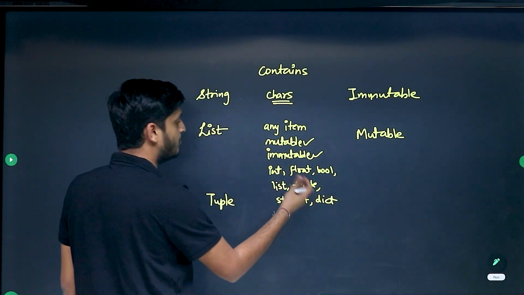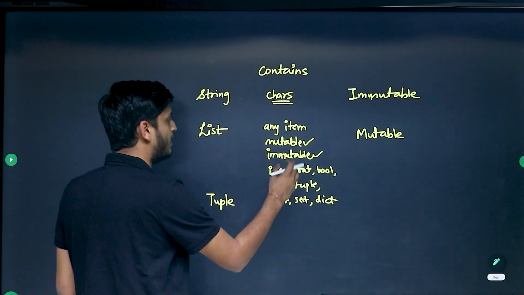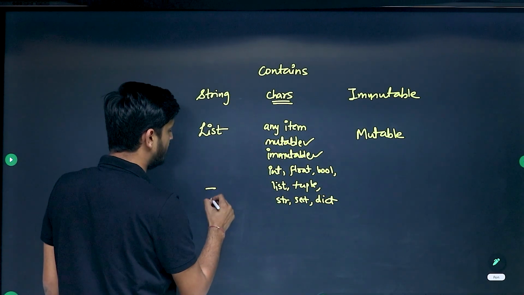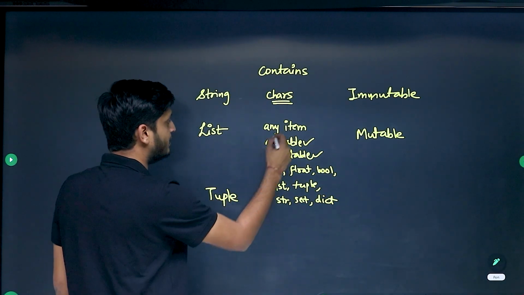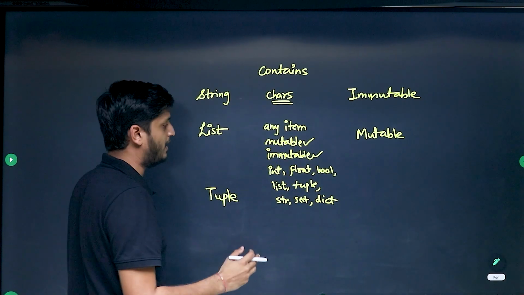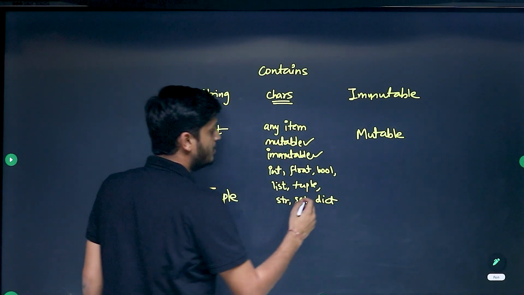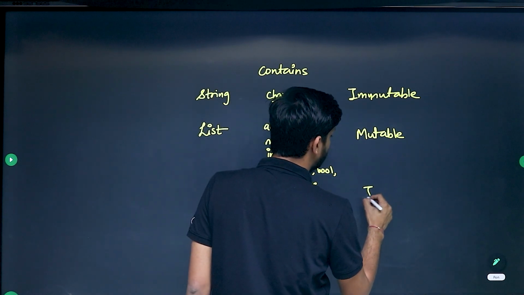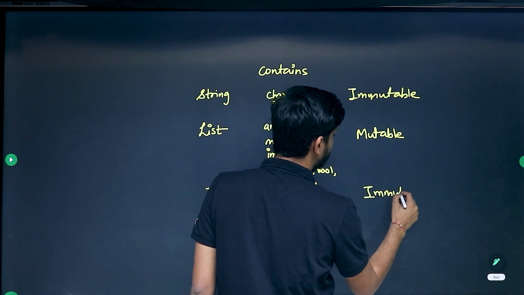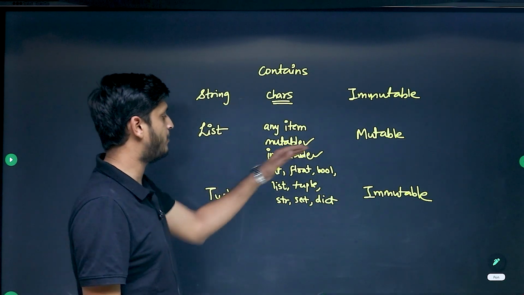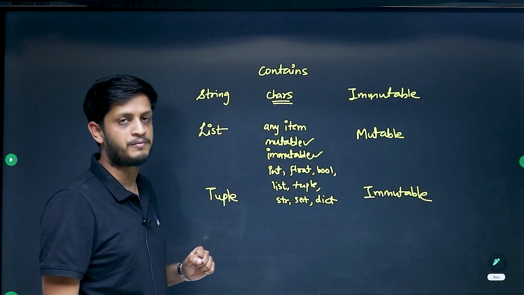Some of them are mutable, some of them are immutable. It doesn't matter. All of them can be present inside a list or a tuple. So even in a tuple, anything can be present, mutable item or immutable item. You can have a list inside a tuple, a tuple inside a tuple, a set inside a tuple, anything. But the tuple itself is immutable, right? List is mutable, tuple is immutable. It can contain any item.